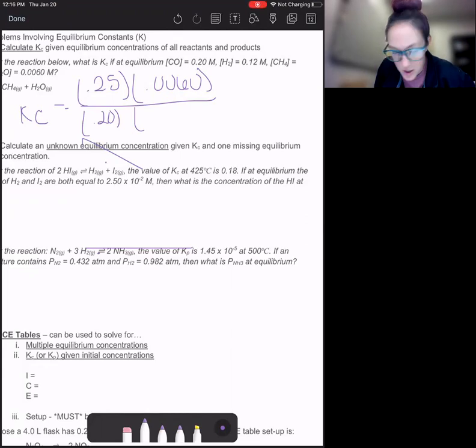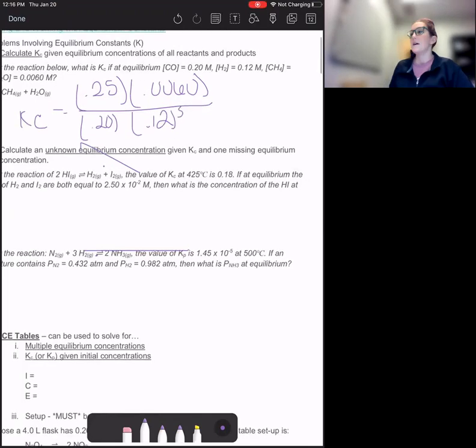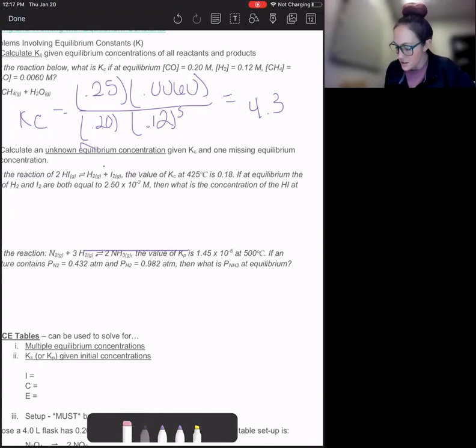H2's concentration is 0.12, so that one would be cubed. Essentially you need to be careful when typing these into your calculator. Make sure the cubed is just on the 0.12 on the bottom. If you do this correctly, you should get 4.3. Sorry, I'm still getting used to this pen. All right, that's pretty straightforward.